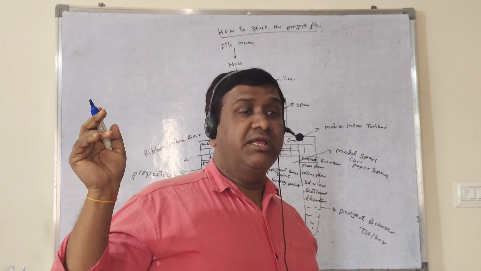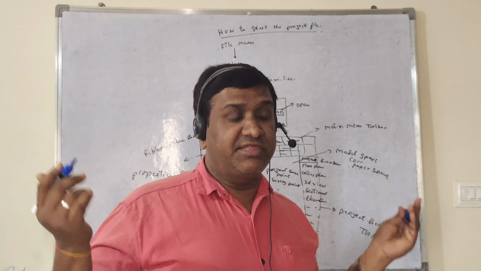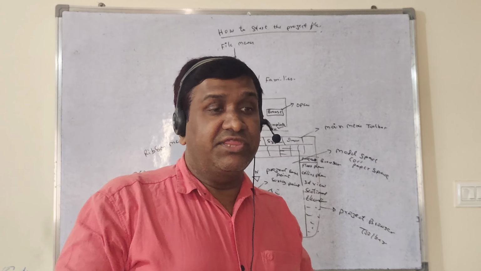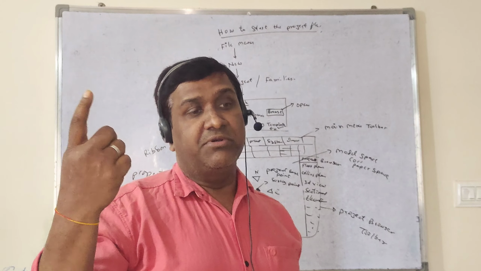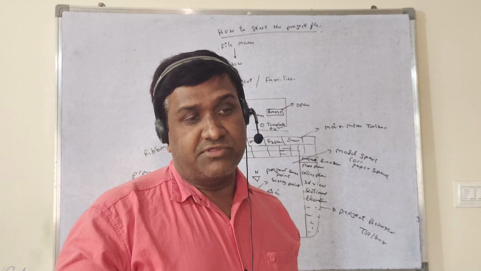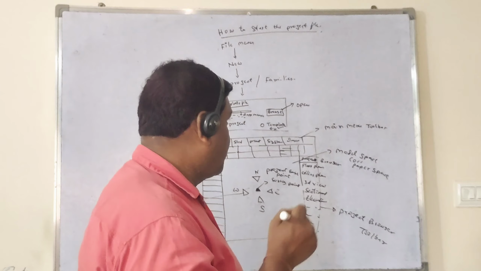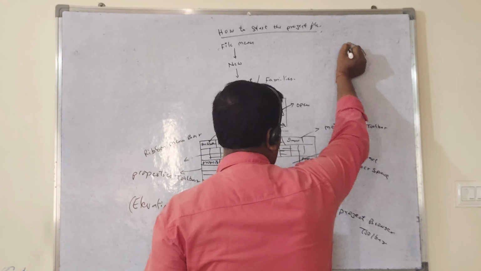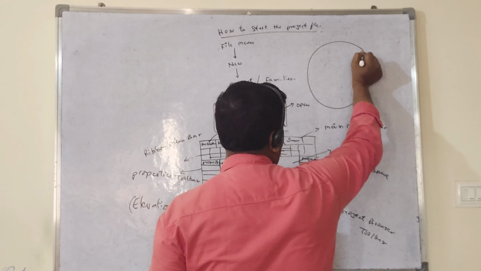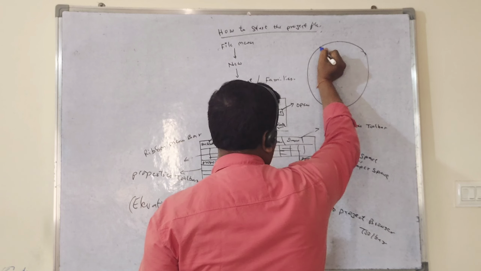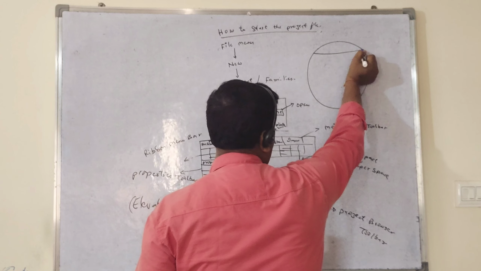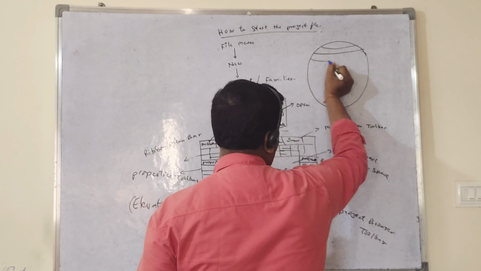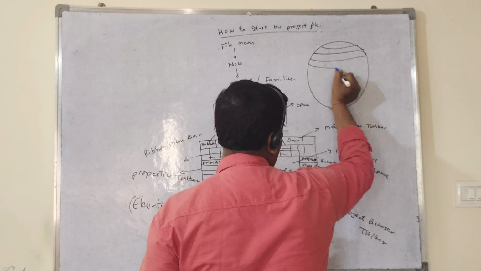Because in the world there are multiple cities, and they are located on our earth globe by latitudes and longitudes. Am I right? Our earth is round, and there are latitude lines, and each latitude has some degrees.